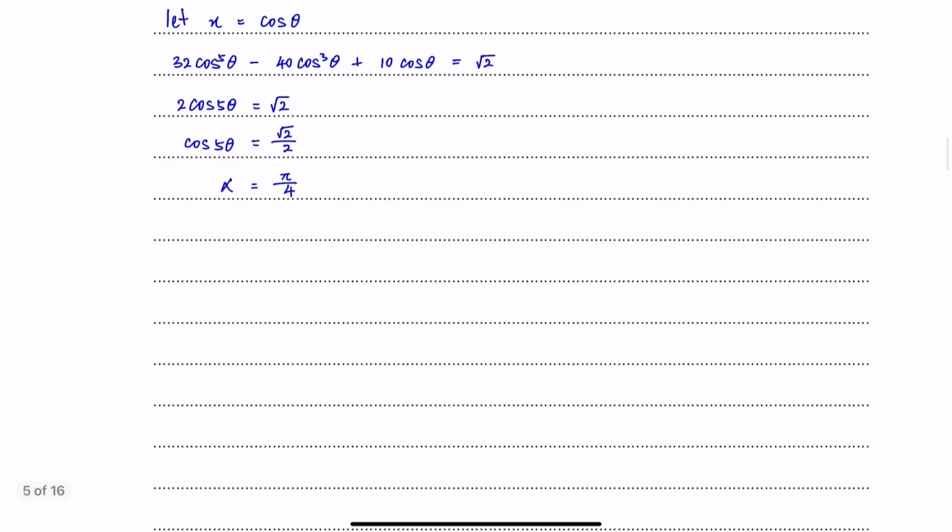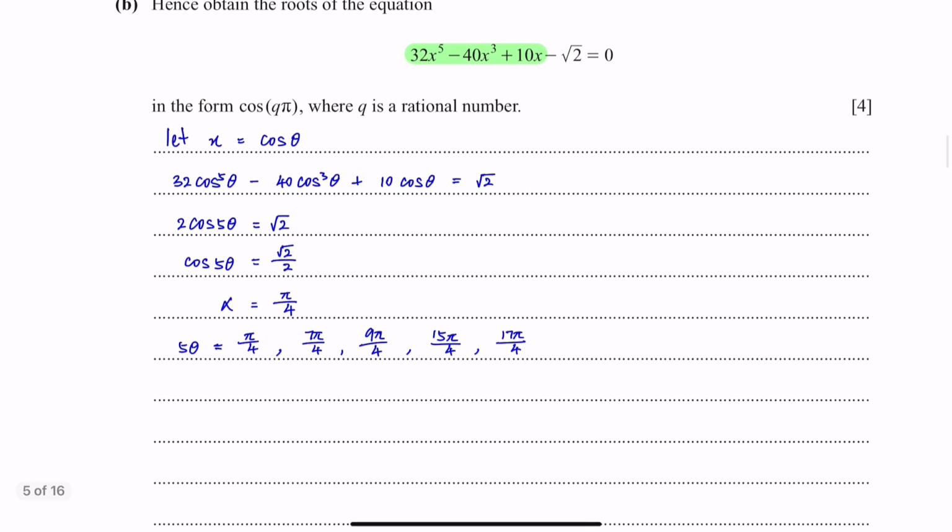So we can write 5 theta as pi over 4, 7 pi over 4, and now we add 2 pi to this to get 9 pi over 4, and we add 2 pi to this to get 15 pi over 4, and lastly we have 17 pi over 4, because we just need 5 roots, right?